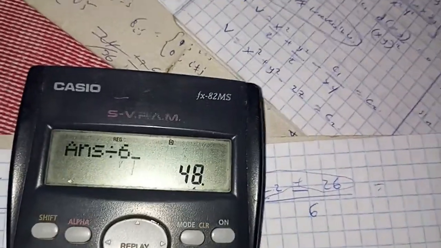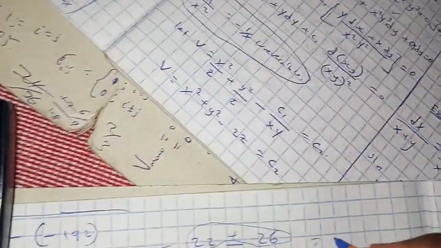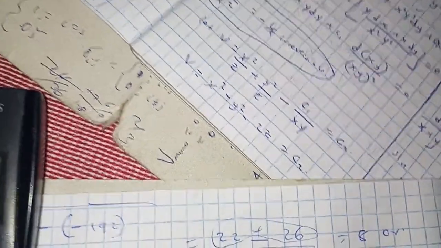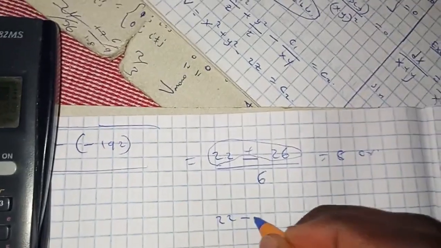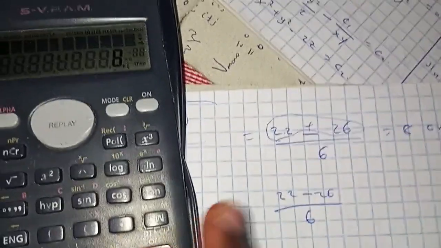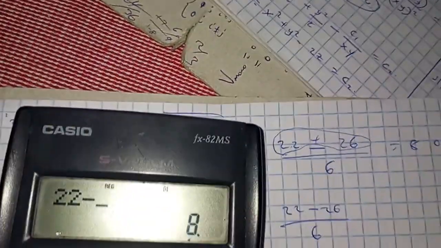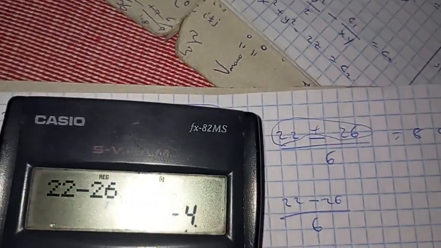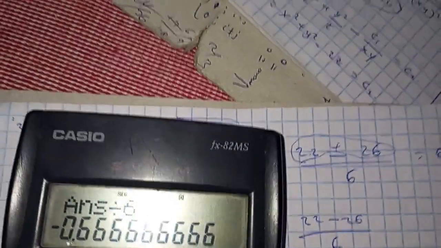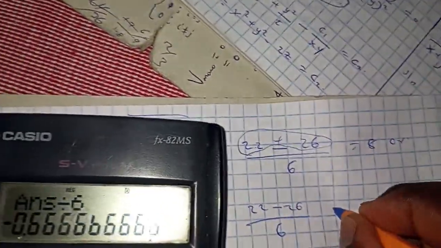Then you divide this one by 6, you have 8. Or if you use the negative sign, we have 22 minus 26 divided by 6.